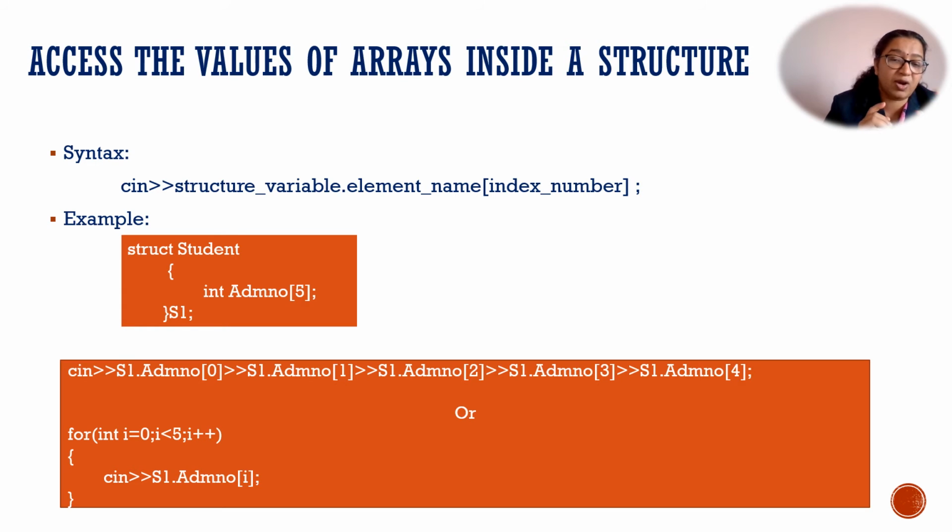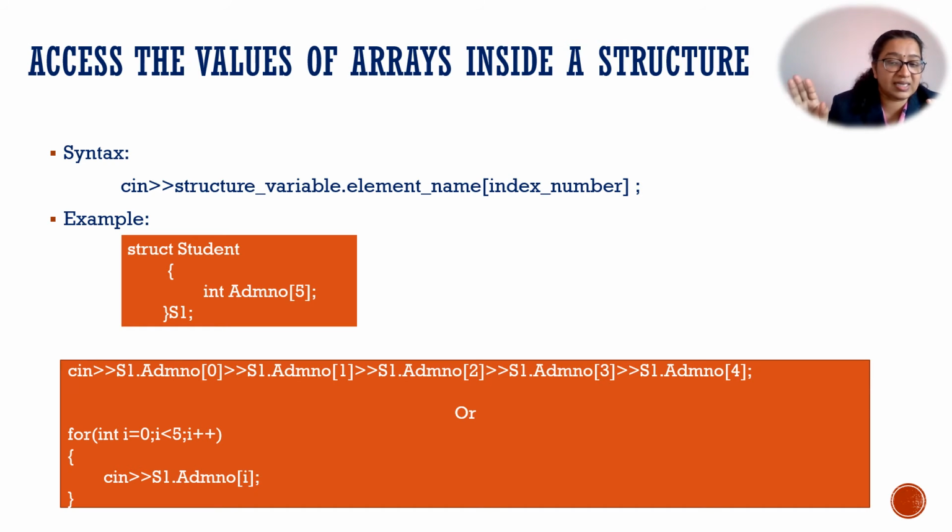So s1 is one block. Inside that one block, 5 columns are there: admn[0], admn[1], admn[2], admn[3], admn[4]. So through the i, we will get the index number. First time i is 0, second time 1, third time 2, then 3, then 4. Okay?